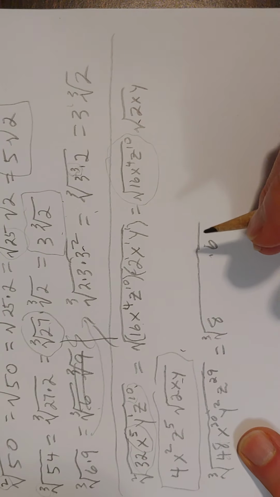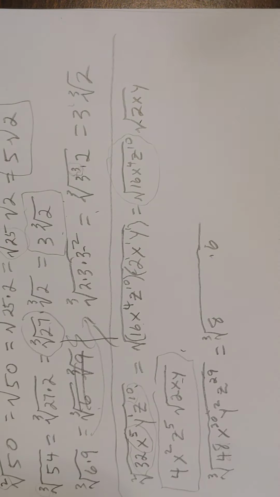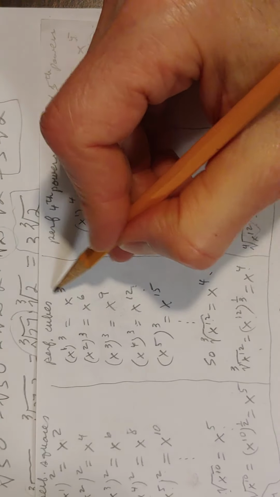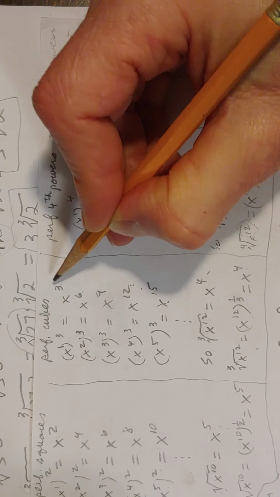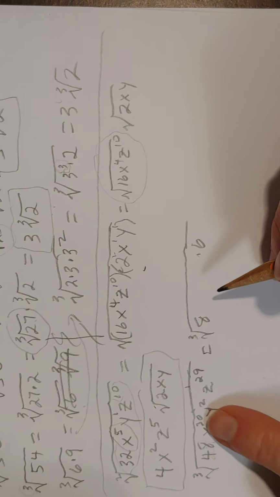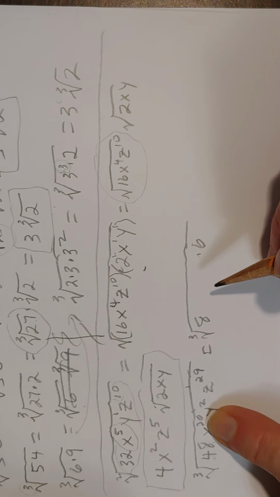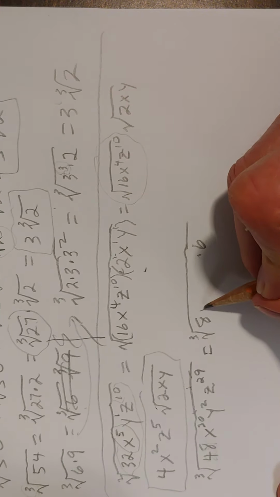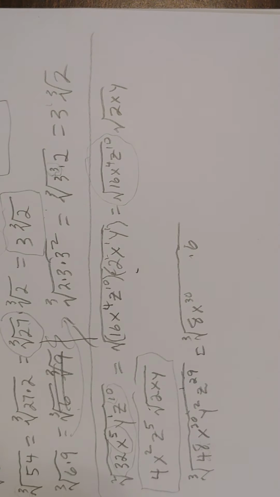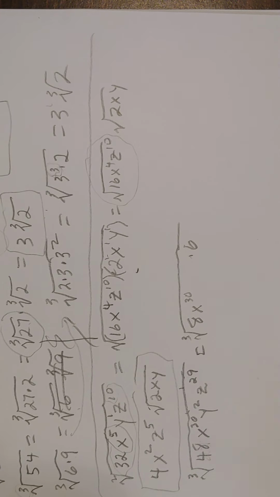X to the 30th. Now remember, perfect cubes have exponents that are divisible by 3, or multiples of 3. 30 is divisible by 3. So x to the 30th is a perfect cube, and when I take the cube root of that, I don't need to have a radical symbol. I'm going to just divide 3 into the exponent and write x to the 10th.